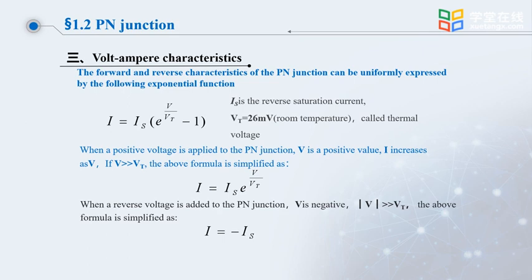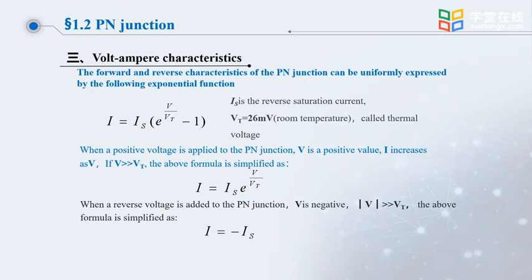For the volt-ampere characteristics, we can use the following exponential function to express. I equals Is times e to the power of V over Vt, minus 1, where Is is the reverse saturation current. The Vt here is 26 millivolts, which is the thermal voltage we just talked about. This formula can be further simplified.